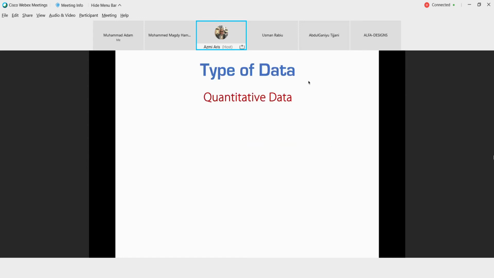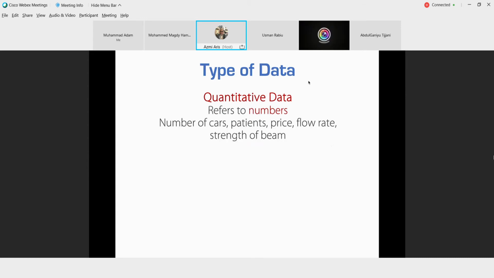There are two types of data. One is quantitative data, which is what most engineers refer to. It refers to numbers, and the number can be a real number or a decimal number, depending on what you want to collect.